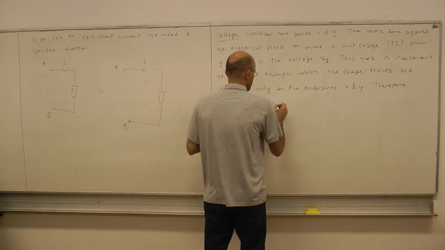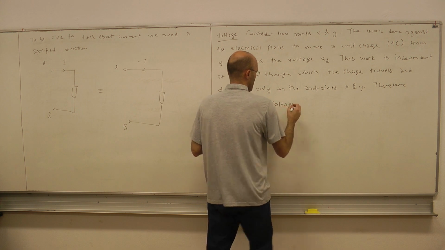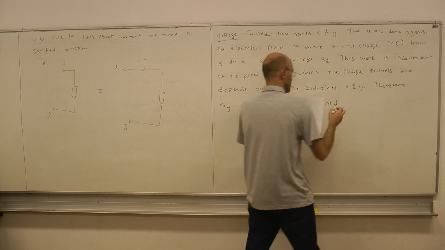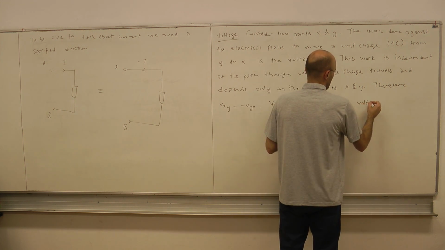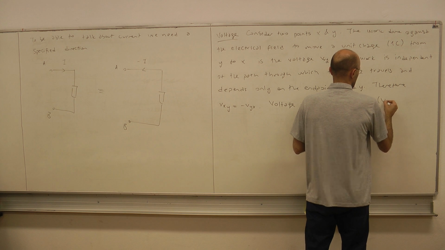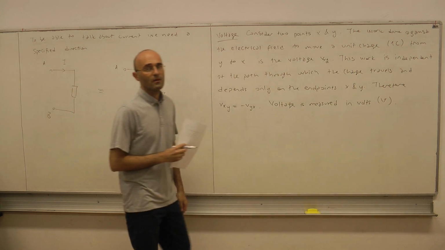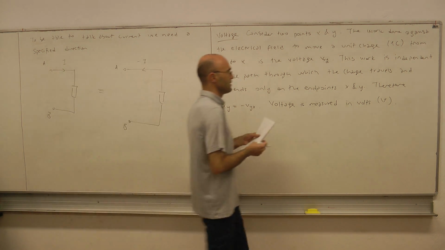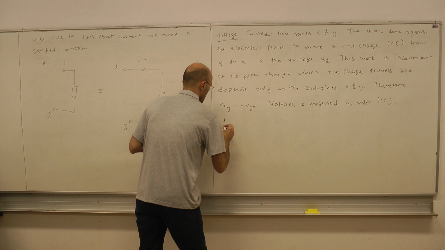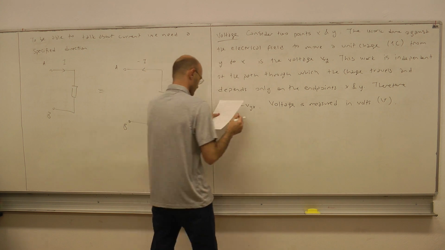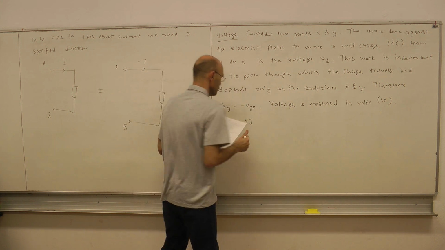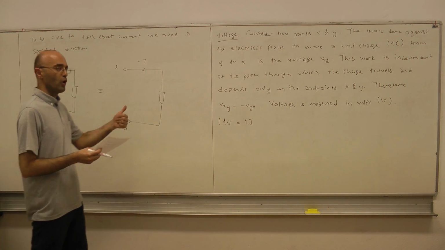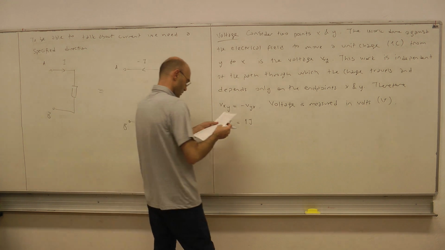Now, voltage is measured in volts. Okay. And V is the letter that we use to indicate volts. And according to this definition, 1 volt must equal 1 joule over coulomb. Now joule is the unit that we use to measure work or equivalent energy.